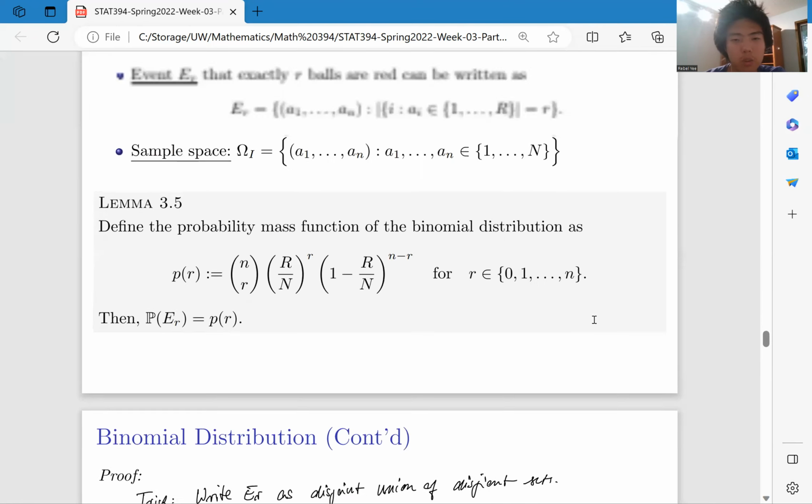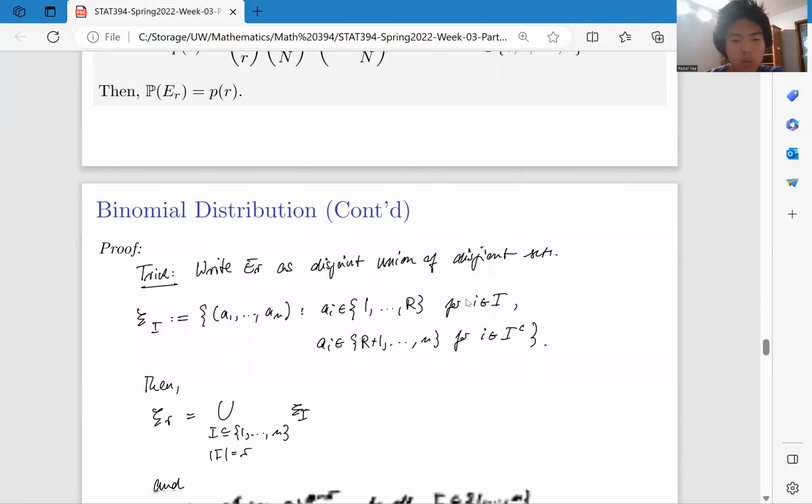And I would like to prove why this works. First, we say each E_R is a disjoint union of adjacent sets. Consider each I, where I represents the range, a notation of R here.